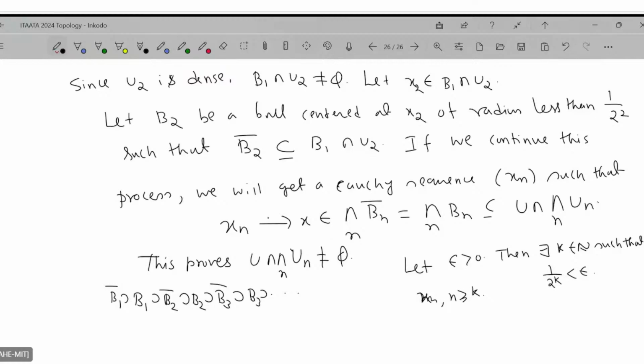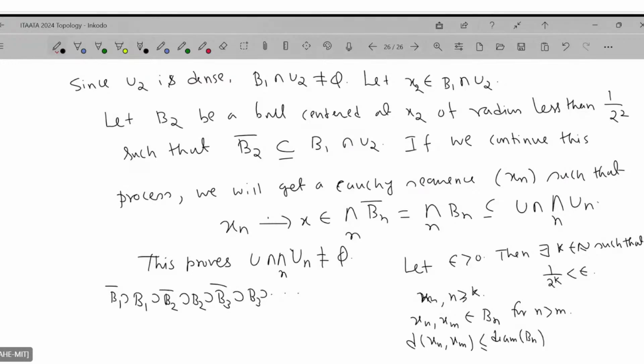What will happen? Both xm and xn will be in Bk, the way we have constructed it. So what will be the distance between them? It will obviously be less than or equal to the diameter of Bk.